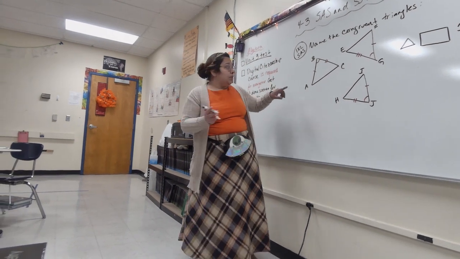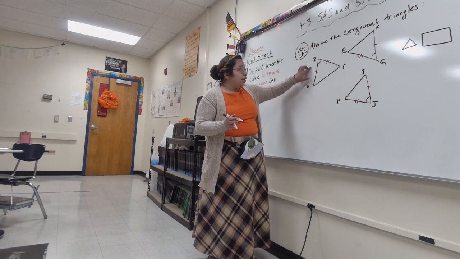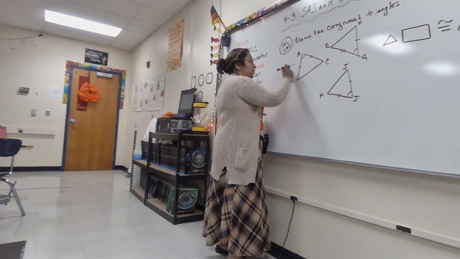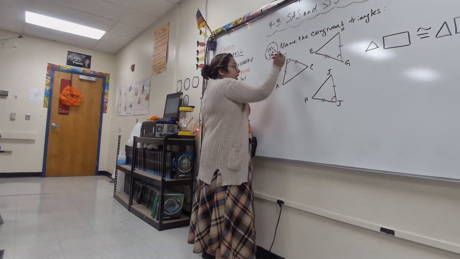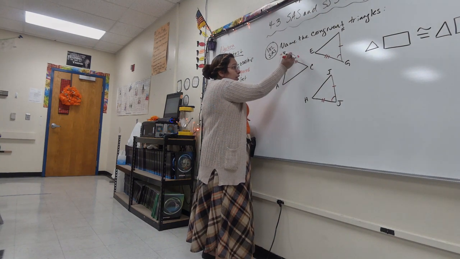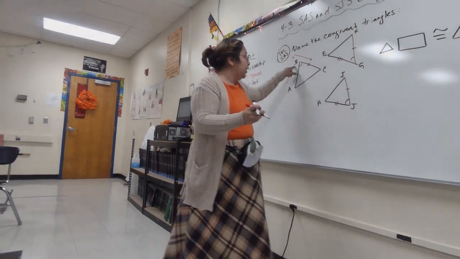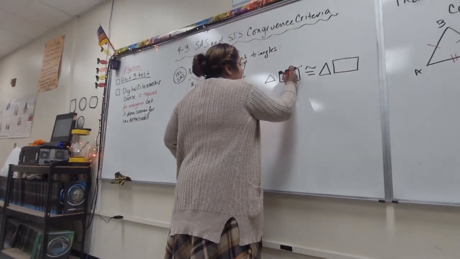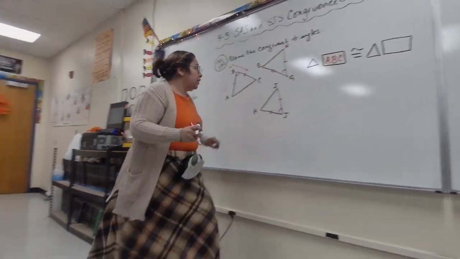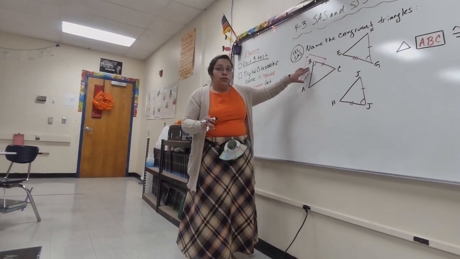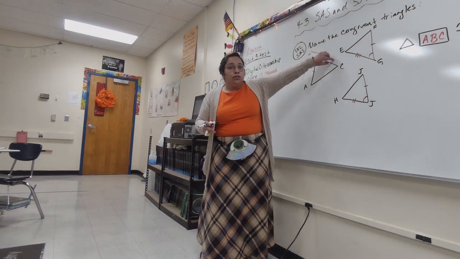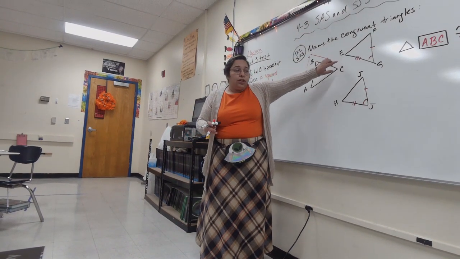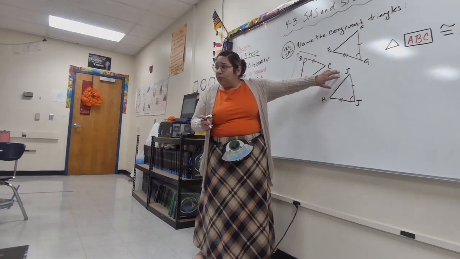Here's how you name them. You're going to go from A, cover your first tick mark that way, and then you're going to cover this angle, and then you're going to go that way. So it's going to go A, B, C. We covered our first tick mark, first angle, then the second tick mark. We have to do the same over here.